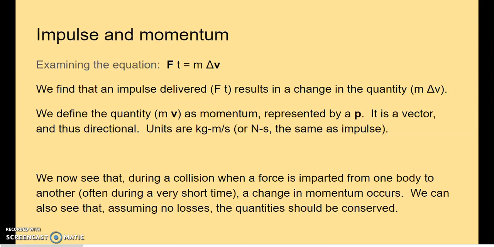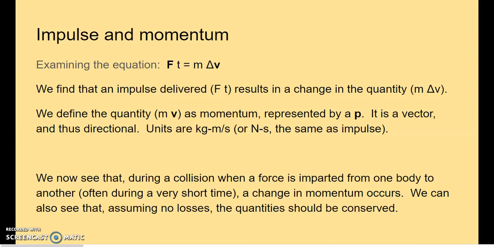So, what we now see is that during a collision, a force is imparted from one body to another, but this usually occurs during a very short time. If you've ever been in a collision before, you know that it might seem like a long time, but typically it's on the order of fractions of a second. Now, during this very short time, a change in momentum occurs for both bodies, or all bodies if there are more than two.